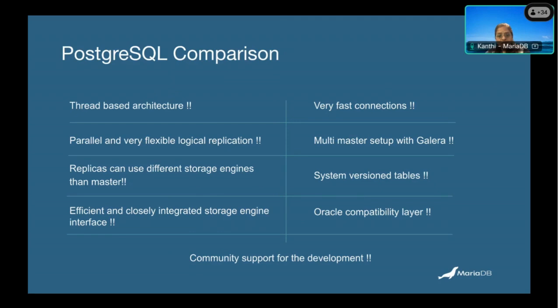And one important thing is the Oracle compatibility layer, which is really a crucial feature that MariaDB developed for helping the Oracle migration to flow through without any problems. This is one of the features that we developed for our banking customer, and with which they are able to migrate about a few hundred applications seamlessly.